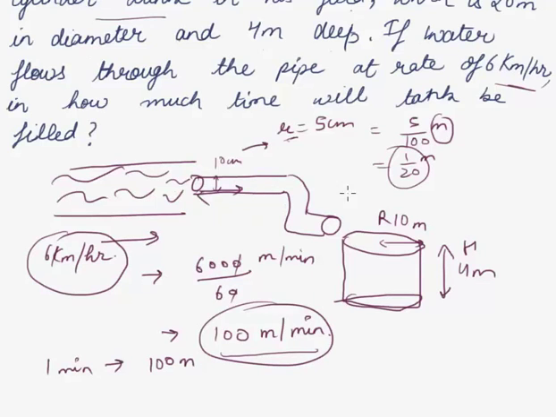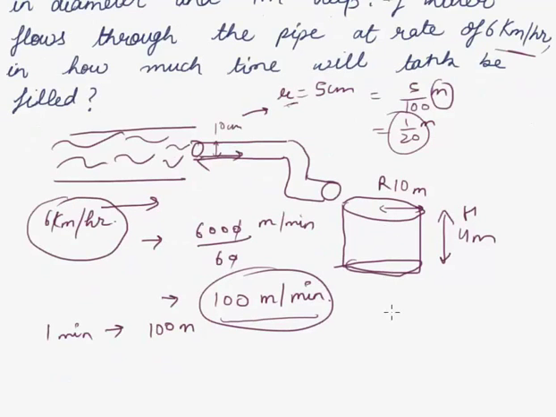So let us take n minutes as the time in which this cylindrical tank is fully filled. So we know that in 1 minute 100 meters of this pipe is being covered.